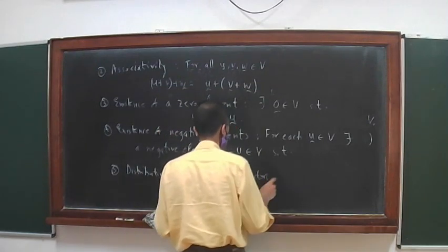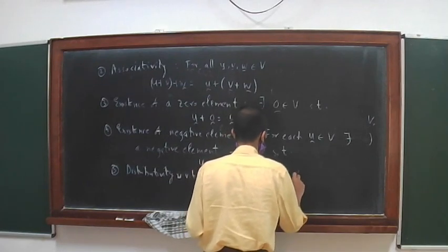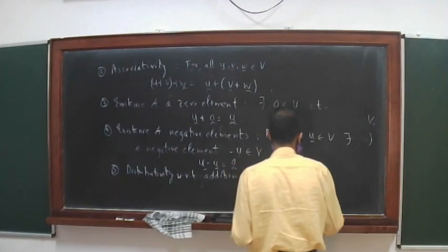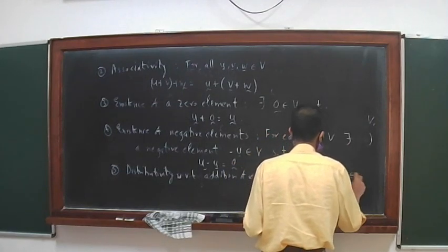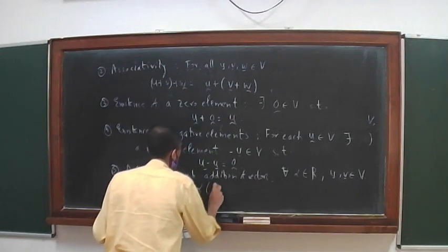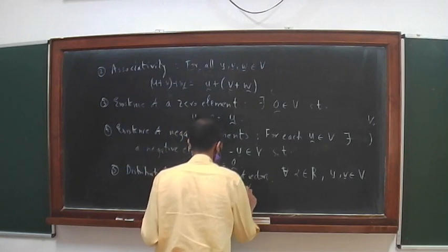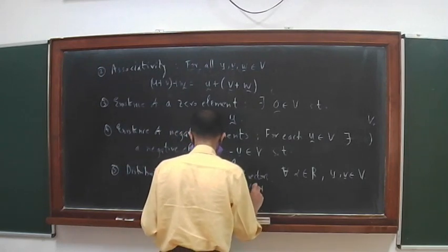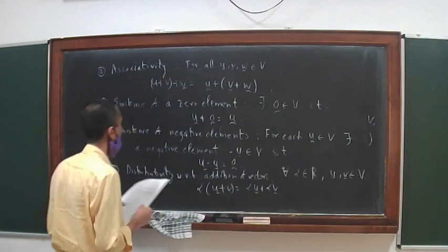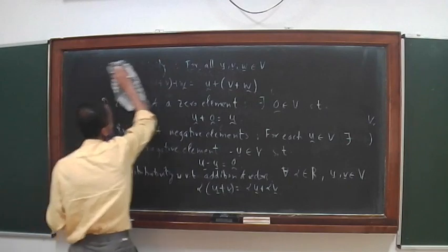For all alpha belonging to R and u, v belonging to V, alpha times u plus v is equal to alpha u plus alpha v. So this is distributivity with respect to addition. Then let us go to the next axiom.